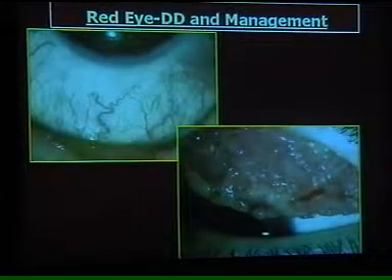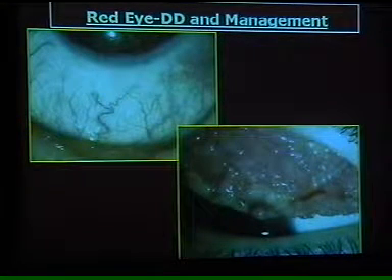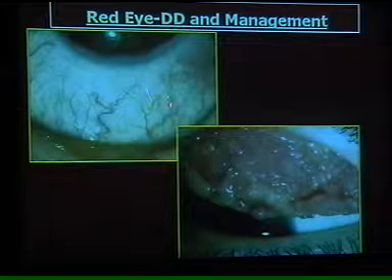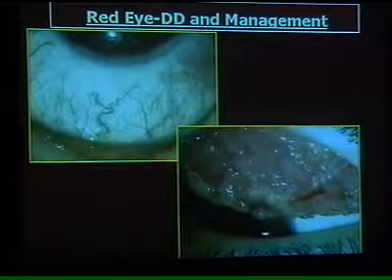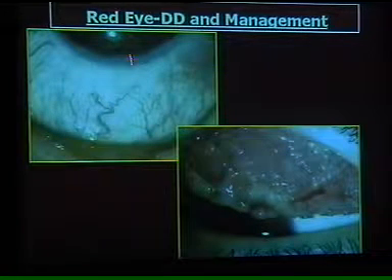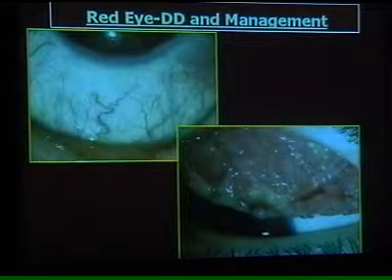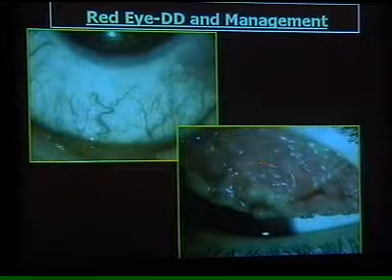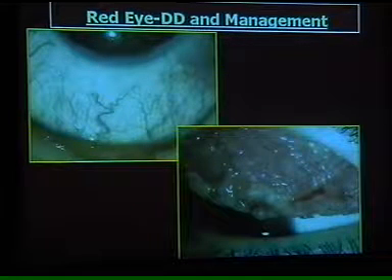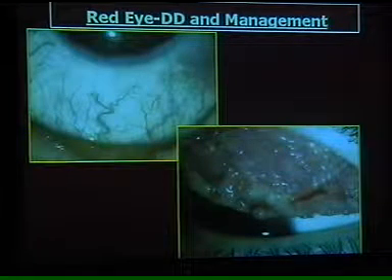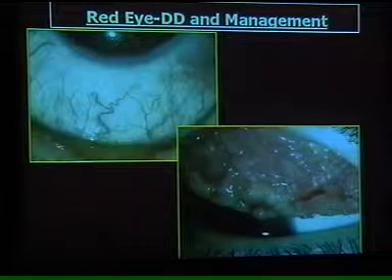Now, in milder forms of vernal catarrh, there is some swelling of the conjunctiva, and you can see the dilated vessels. In advanced stages, these dilated vessels form a loop over here, but in a very, very advanced stage, there is development of tissue on the conjunctiva under the lid, which normally does not appear here.